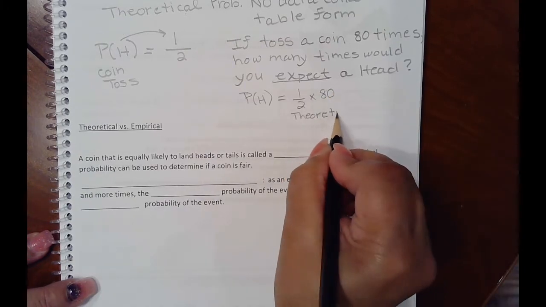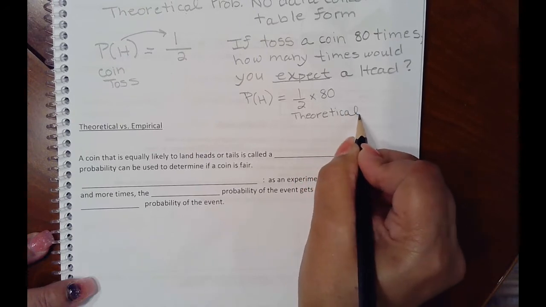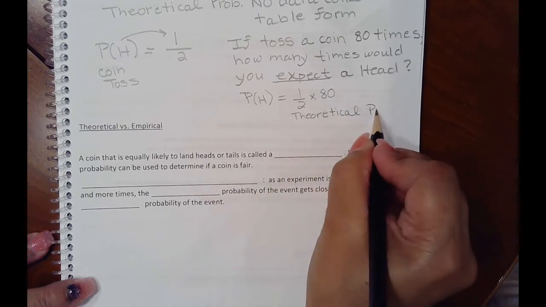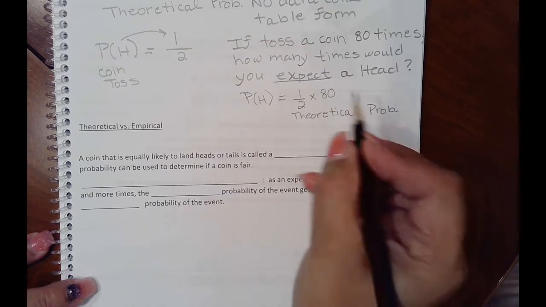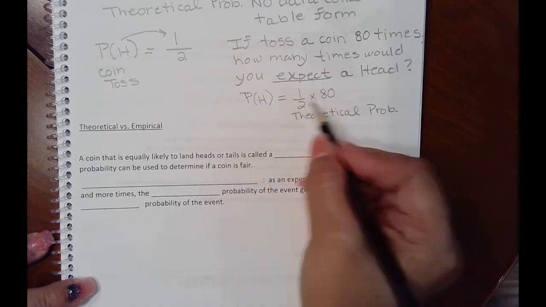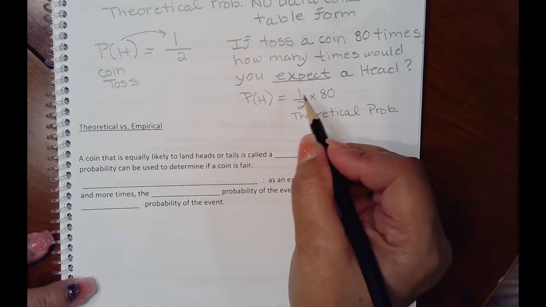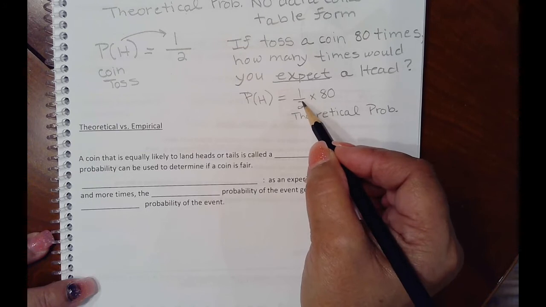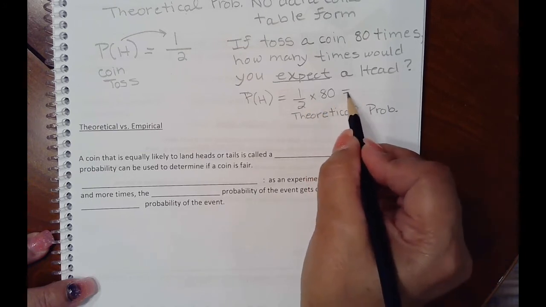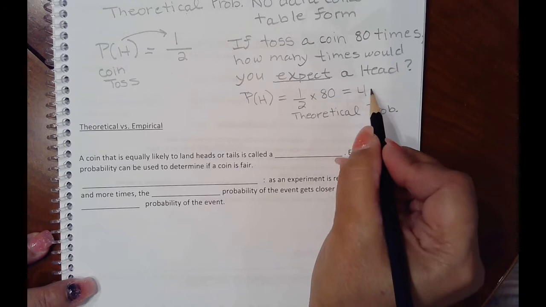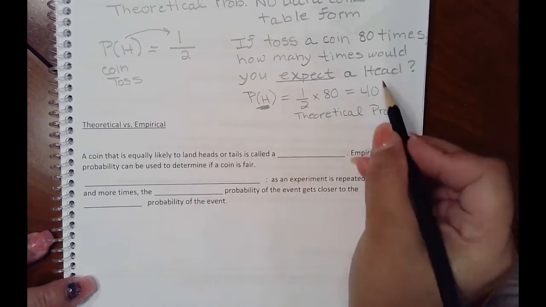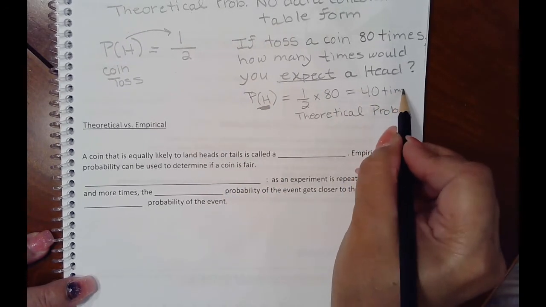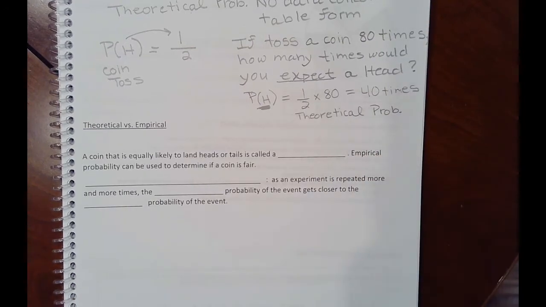So when we're not collecting real live results, we call this theoretical probability. You could put this in your calculator: 1/2 is the same thing as 0.5 times 80, and you would get 40. Half of 80 is 40. So you would expect to see a head 40 times. And this is another example of theoretical probability. Again, you are not collecting data in a table.